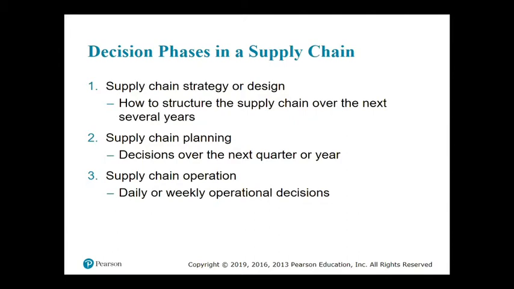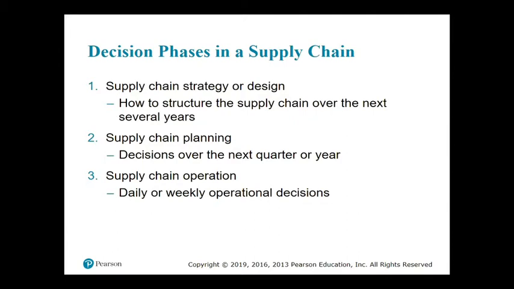Now, in terms of types of decisions in supply chain, we can roughly categorize supply chain decisions into 3 phases. One is the supply chain strategy and design phase, which are usually very long-term decisions spanning over several years, which will determine basically what is the overall structure of the supply chain.